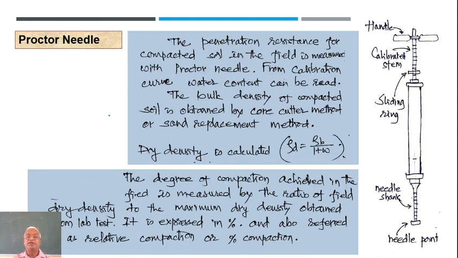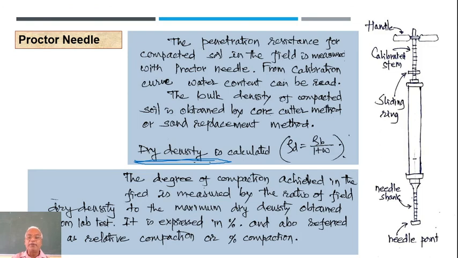Both are similar, so you should be careful about using the notations. Whenever you say density, better say it is in grams per cc, and whenever you say dry unit weight, say it in newton per meter cube.